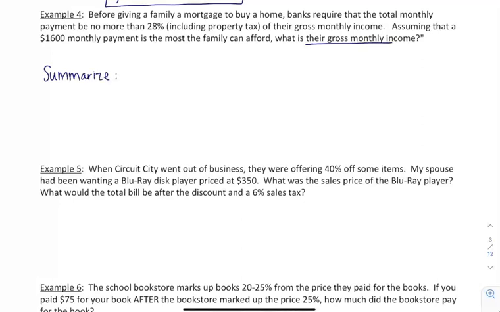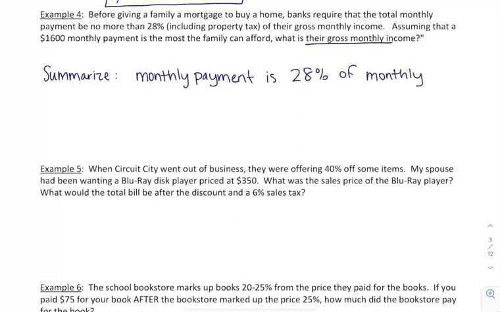We know that the monthly payment is 28% of monthly income. So if we take that word problem and we simplify it as basic as we can get, we found that the monthly payment is going to be 28% of the monthly income. This is much easier to turn into an algebra expression.